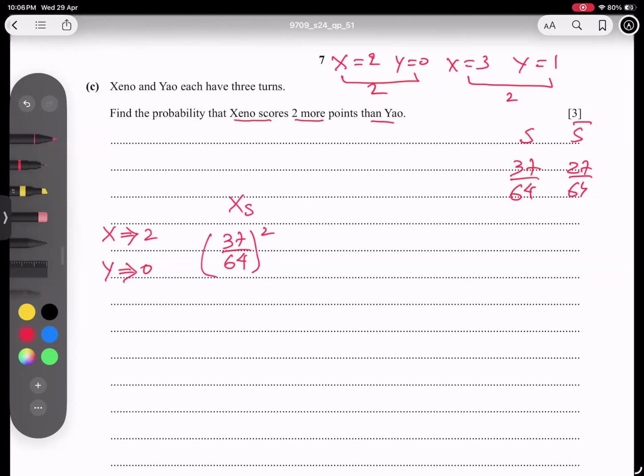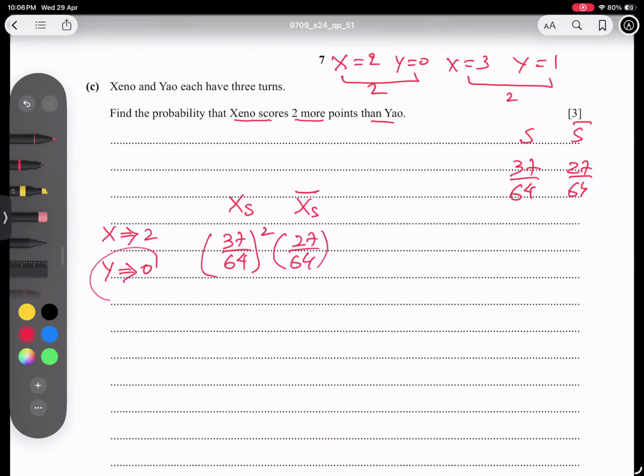Why power 2? Because X scores twice. For the other turn, since X has 3 turns, I get not scored by X once, so 27 over 64. This is X only.